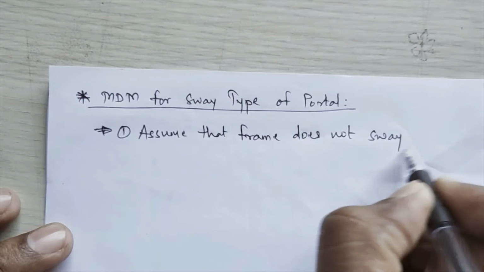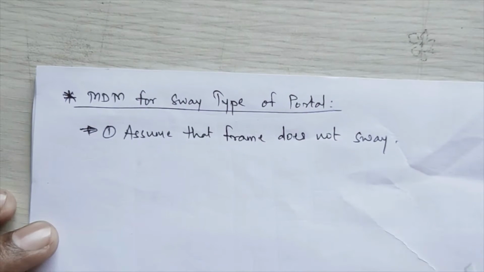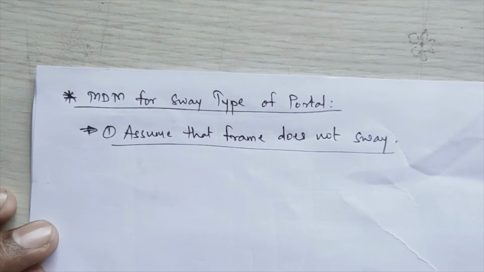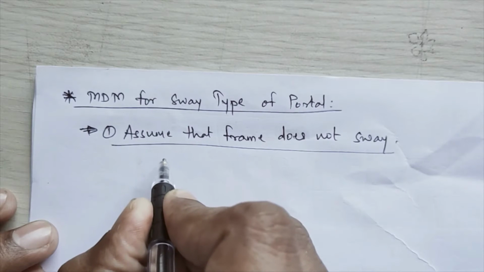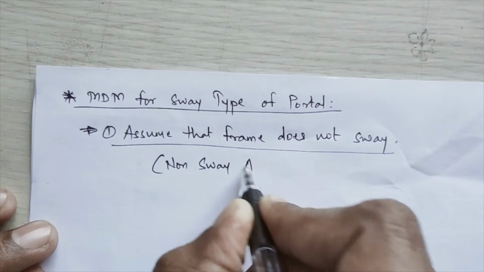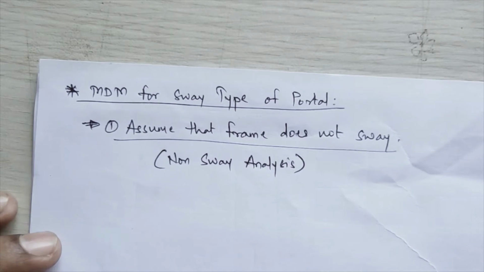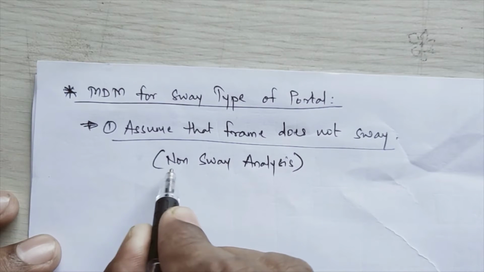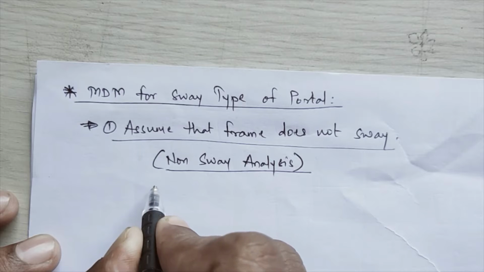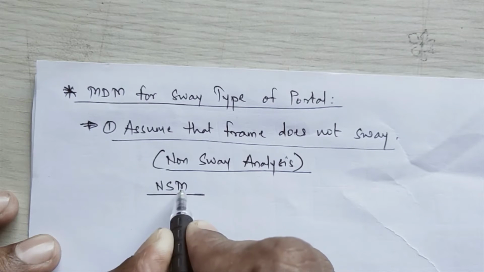Whatever analysis you will be carrying out, that is the calculation of distribution factors and then the moment distribution table, by taking this assumption, that analysis will be called your non-sway analysis, and whatever moments you get in this non-sway analysis in the moment distribution table will be called NSM, that is nothing but non-sway moments.